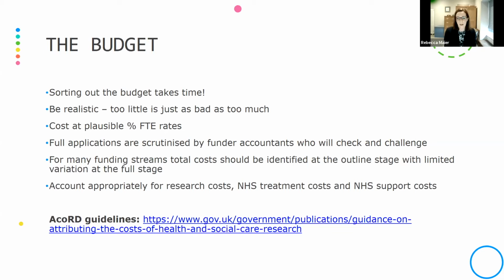There are some guidelines that have been developed nationally, and I put a link to them here, which describes clearly what they will and won't fund. And then of course there might need to be some negotiation with your NHS trust to understand where funding might come from, for example, for treatment costs.